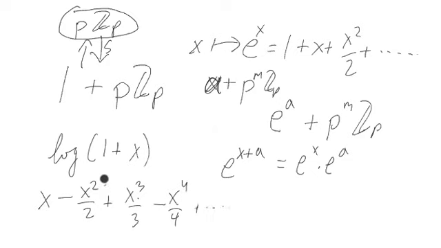This alternating pattern. Now, if we were to put e to the x into log, we have a 1 plus all this, and this is like a 1 plus all this. So when we plug this in, we just need this whole part over here to be going into this x here in this series.